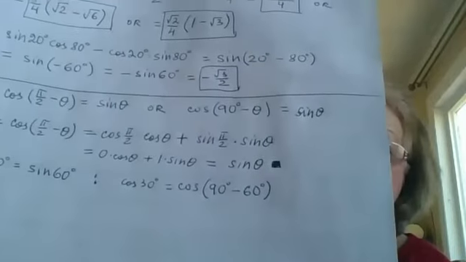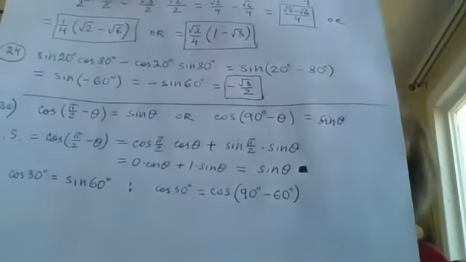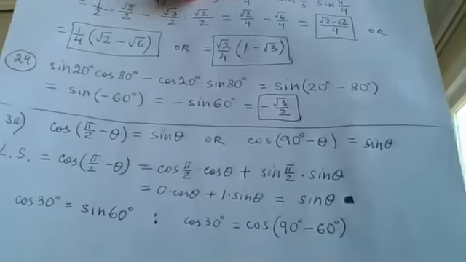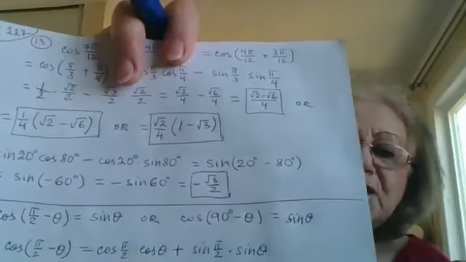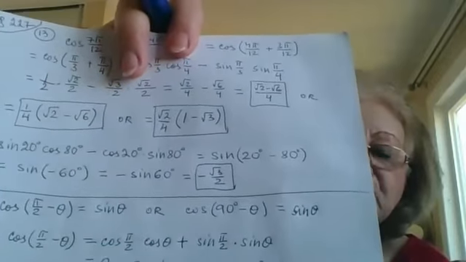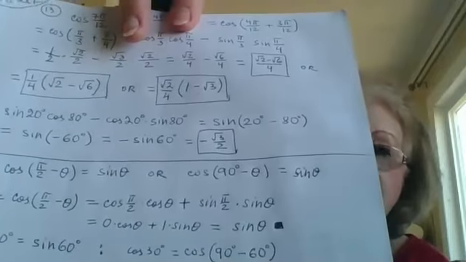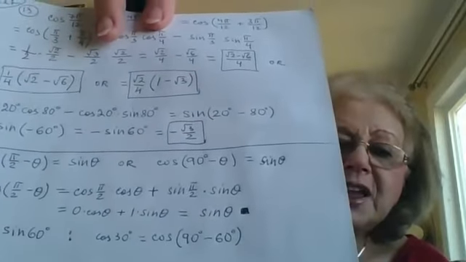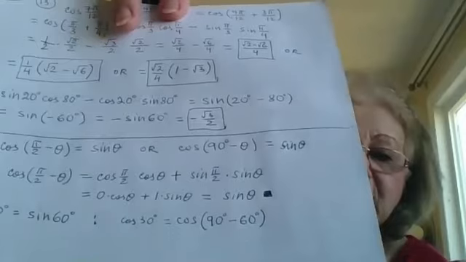Cosine of 30 degrees. Can I treat that it is cosine of 90 degrees minus 60 degrees? Yes. Is it matching that formula 3a, which says cosine of 90 degrees minus theta equals sine of theta?